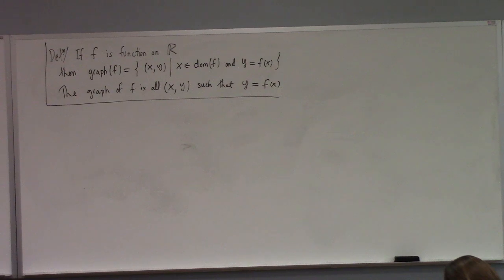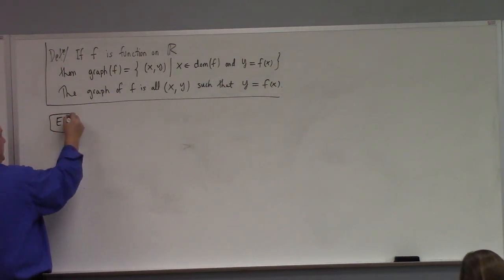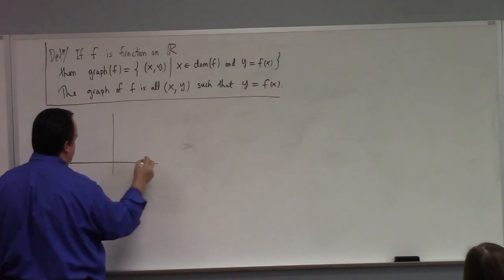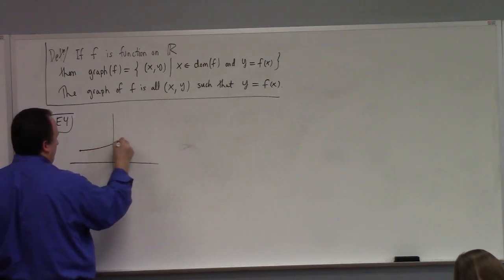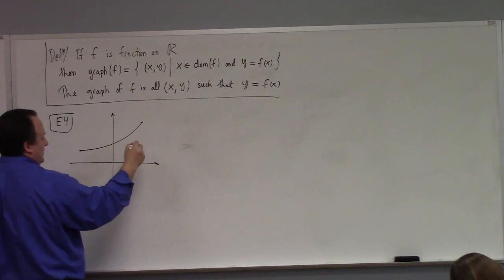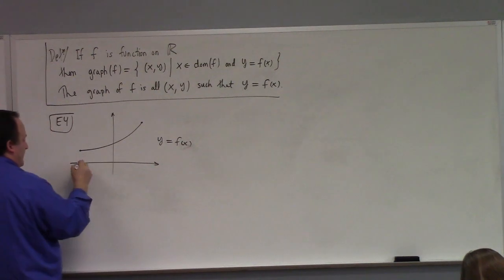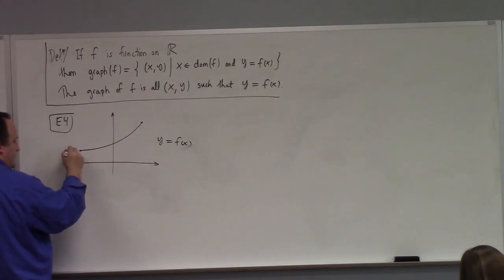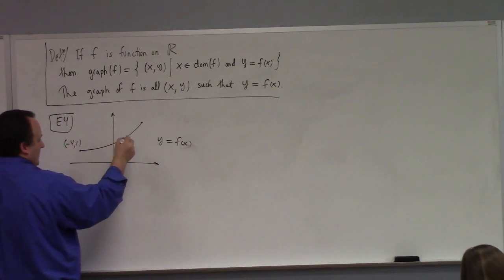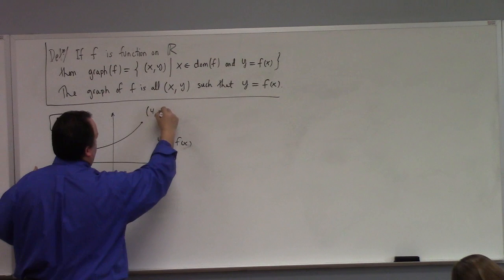So like example 4, see if I give you this graph here, like that, and I say that this is y equals f of x. I'm giving you the graph y equals f of x, and this point right here, let's say that this point is minus 4 comma 1, and this point over here is 4 comma 5, all right?